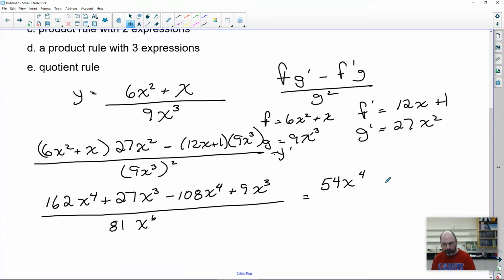And then we've got 27 and 9 plus 36 x to the third over 81 x to the sixth. Okay, we can take out a third, 3 x's each because there's a cube in there, and there's a cube in there. And then 54, 36, and 81, I think all can be divided by 3.